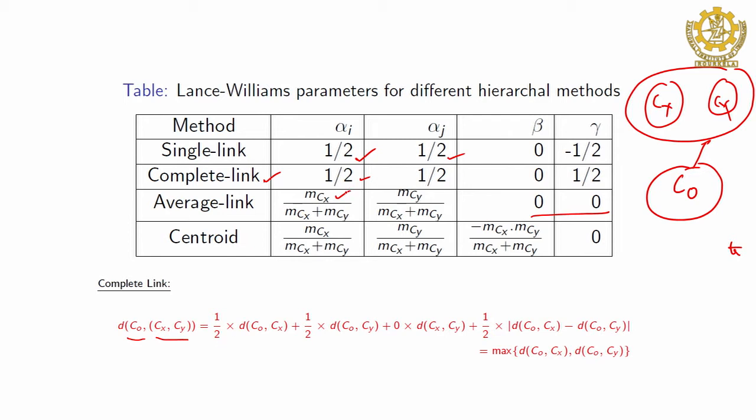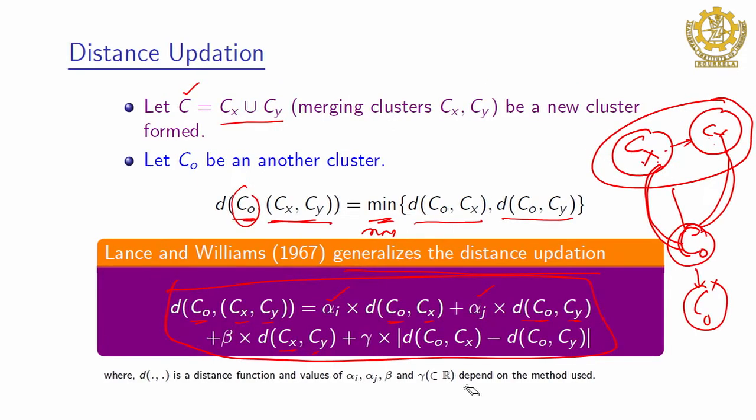So, this alpha i will be half of the distance from C0 to Cx plus half of the distance from C0 to Cy. If you forget the formula here, I can go back. Distance from C0 to Cx, distance from C0 to Cy, distance from Cx to Cy, and then the difference of distance C0 Cx and distance C0 Cy.